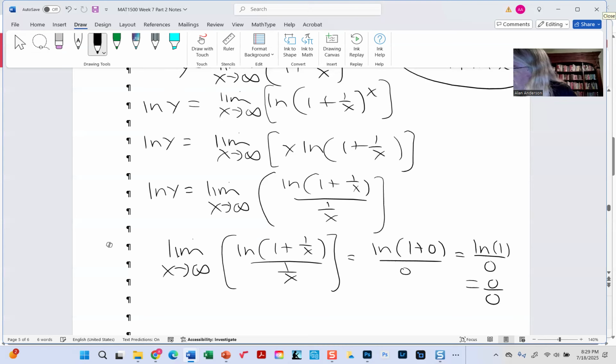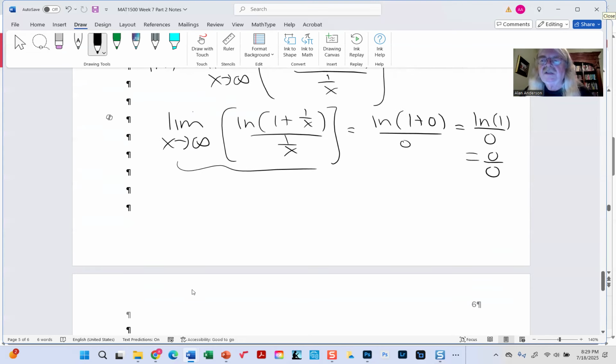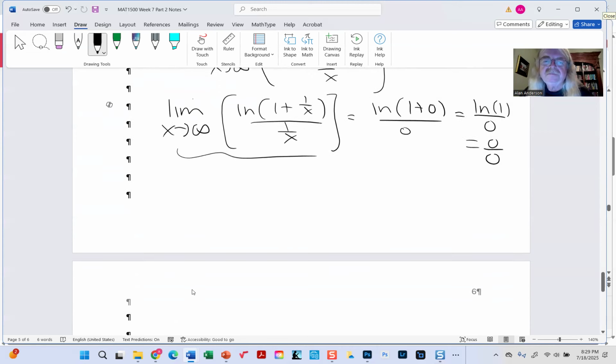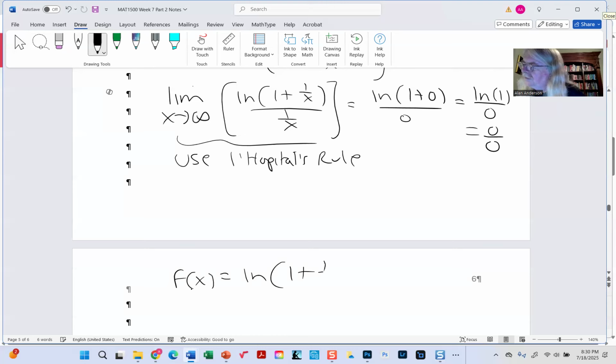So that means we can now apply L'Hopital's rule here. Okay. So now that's not going to be easy, but we can do it. We're going to think of this as f of x is log 1 plus 1 over x. G of x is 1 over x.